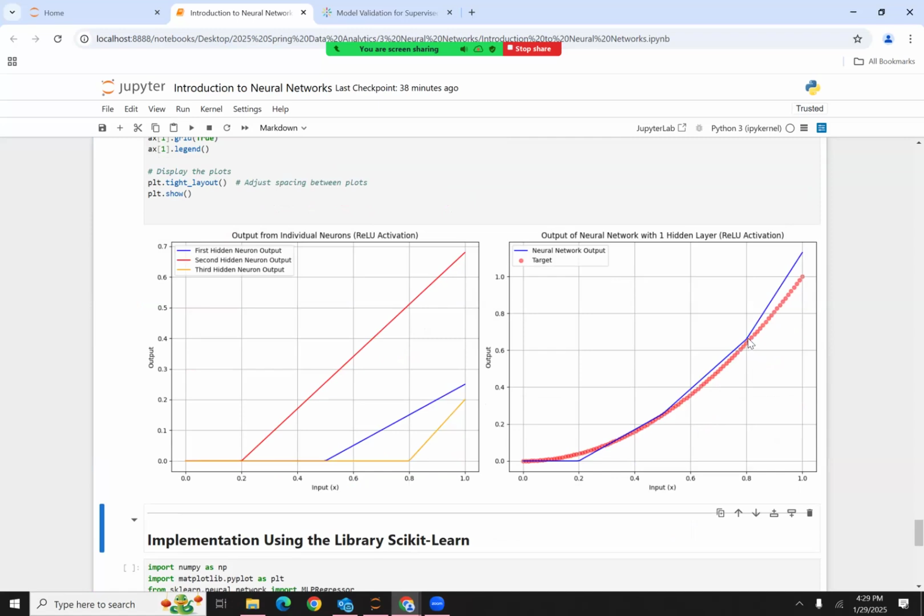Now I have to adjust the slope over here. I'm going to adjust the slope coming out of the third neuron because this is entirely due to the contributions of the third neuron. I don't want to adjust the slopes of the first and the second because I already have a good match to the earlier part of my curve.